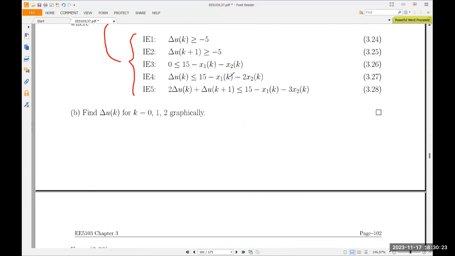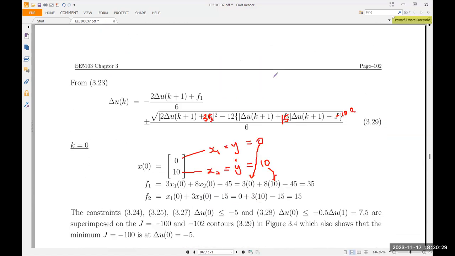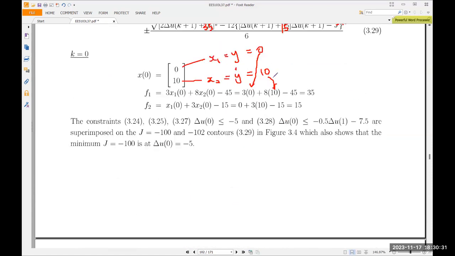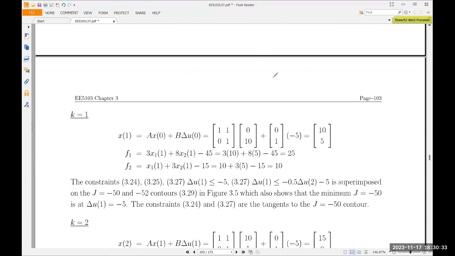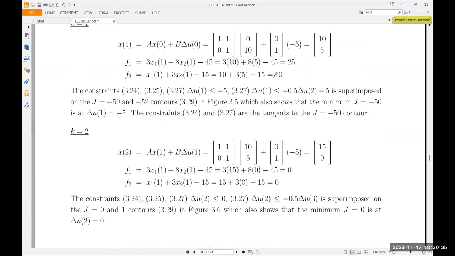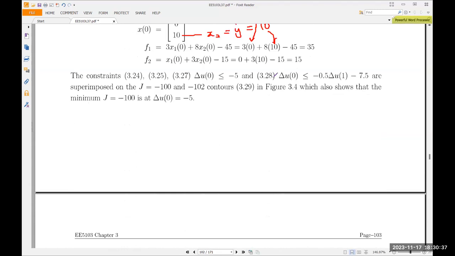So it's 15 minus 20. So this one must be less than minus 5. Okay, so I put here 27 actually gives me delta U must be less than minus 5.